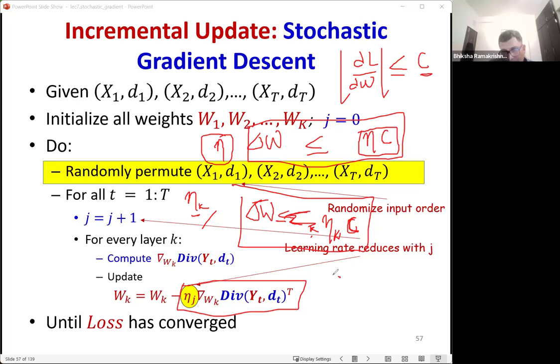And so the delta w total correction is lesser than or equal to c times summation k eta k. So now for your model to actually find the optimum, this upper bound must be large enough for you to span the entire gap.